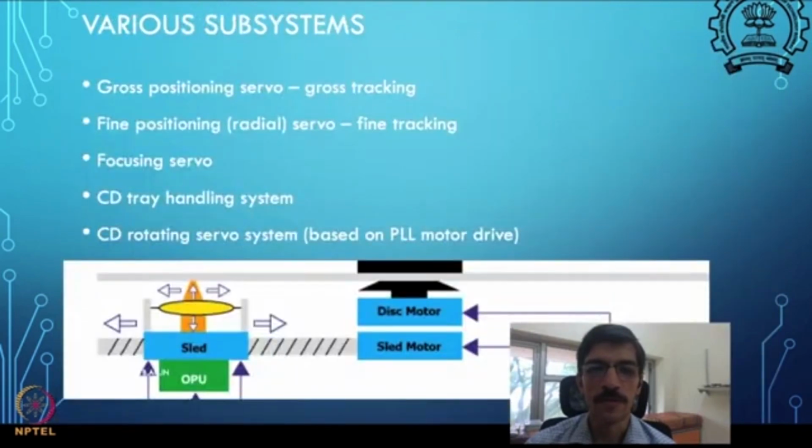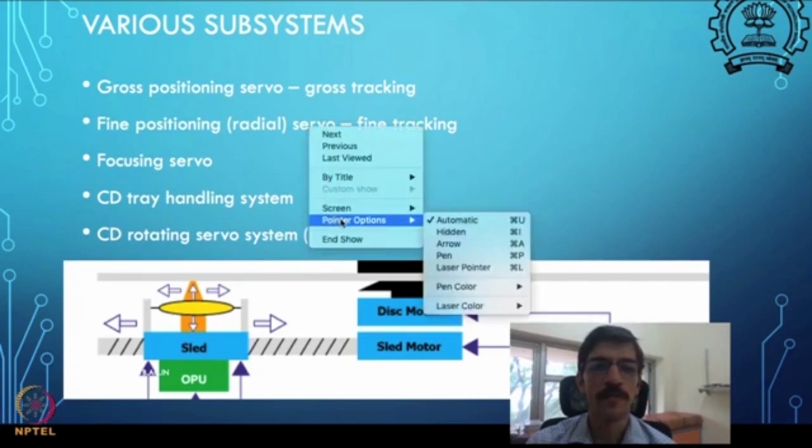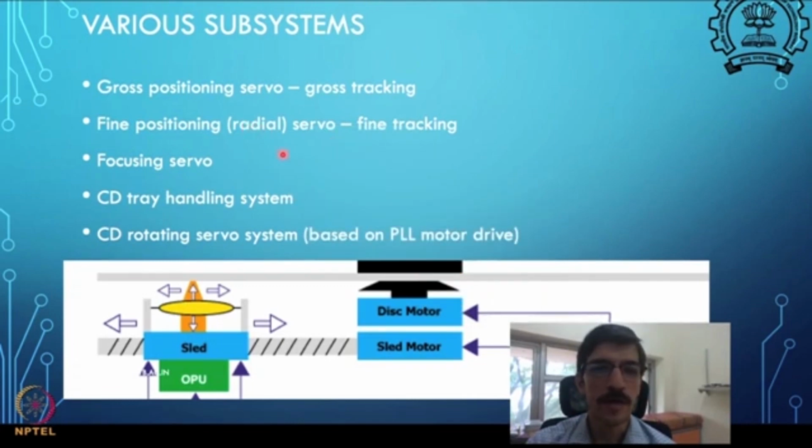These are the main systems that we saw: the gross positioning system, the fine positioning system, the focusing system, the CD tray handling system, and the CD rotating servo system.